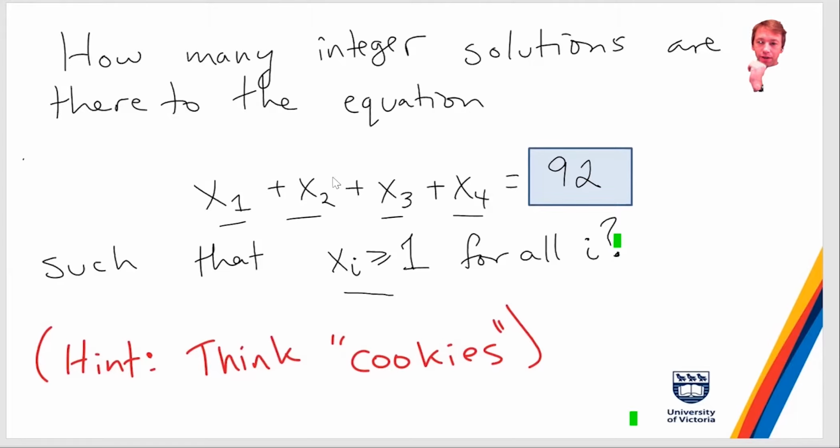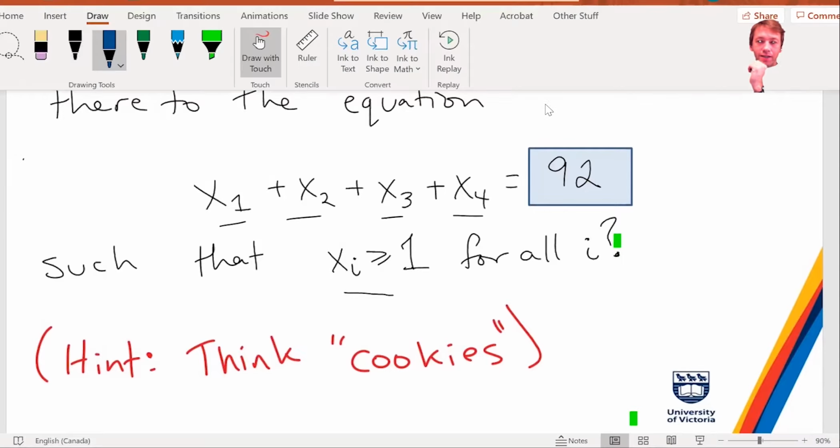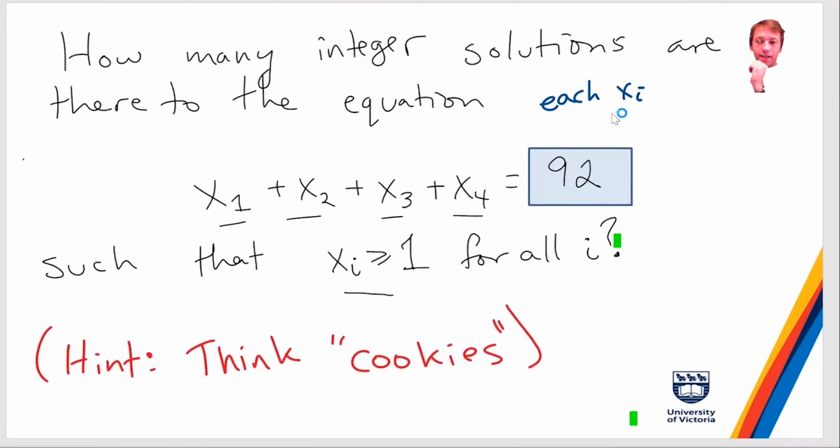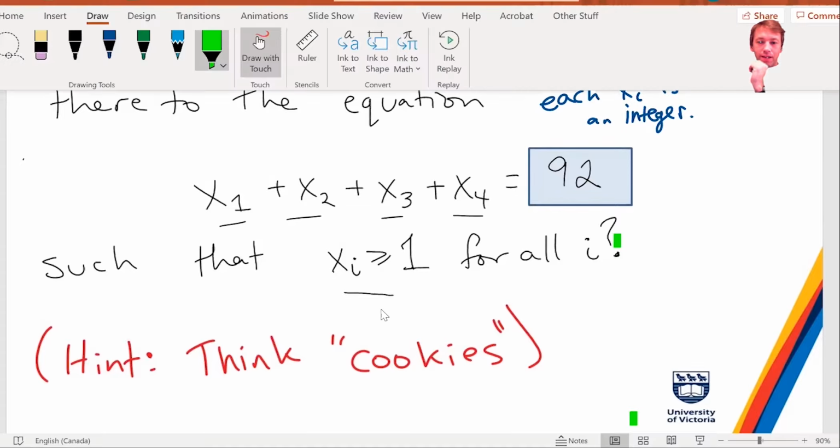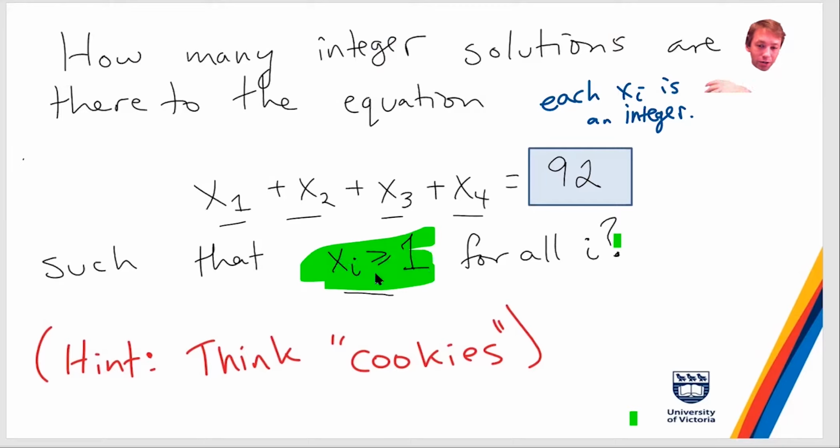By integer solution, I mean each xi is an integer, and we have this restriction that all of them have to be at least 1. If you could use negative numbers, the answer would be infinity, right? I can just let x1 be very negative. But each xi is at least 1. And the hint here is to think about cookies, right?